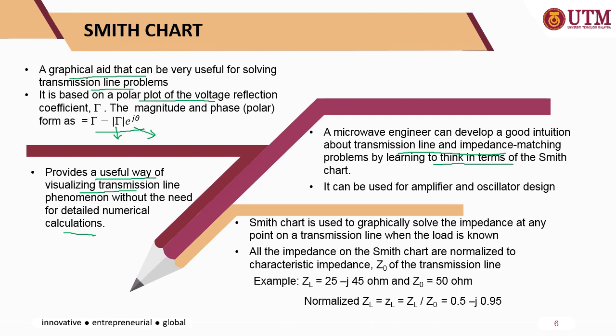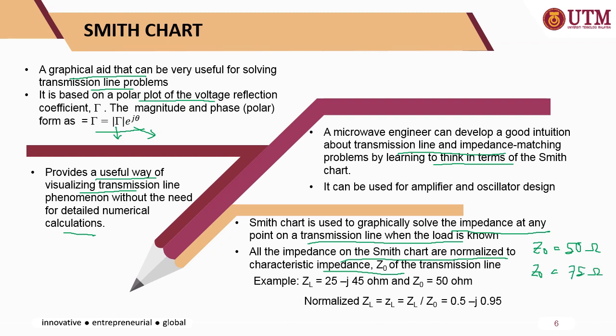Okay, it is usually used to solve the impedance at any point on a transmission line when the load is known. All impedances on the Smith chart are normalized to the characteristic impedance. In practice, we can assume the characteristic impedance equals 50 ohm if the value is not given, or sometimes it can be 75 ohm as well.